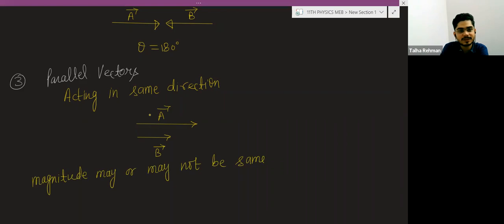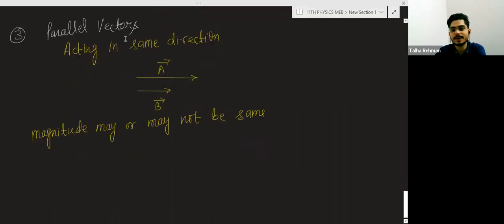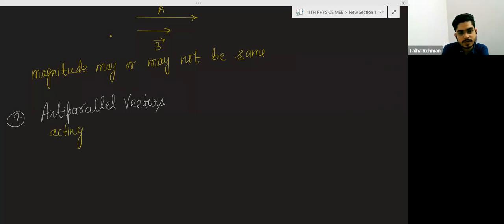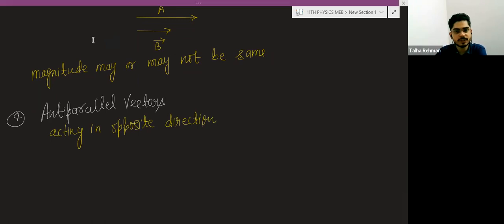So anti-parallel vector. Now you can write anti-parallel vector. Anti-parallel means opposite direction. Vectors acting in opposite direction. Opposite direction means like this here.